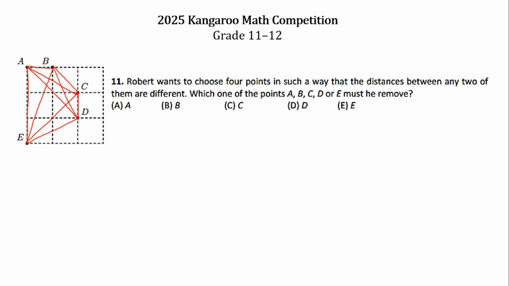Right? Now, let's compare distances. Notice that AB is equal to CD, which we don't want to happen because we want distances to be different.